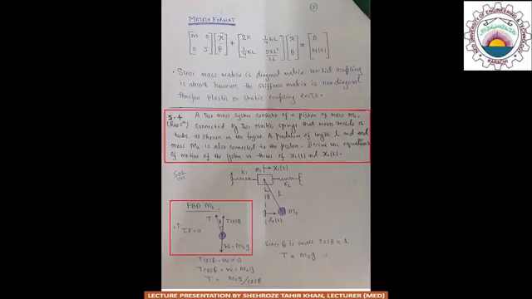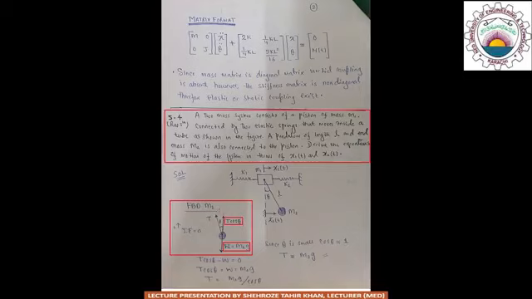After drawing its free body diagram, we see that there are two forces acting on this end mass m2. First is the weight of the mass, acting in the downward direction, equal to m2g. The other is the tension in the string, which balances the mass m2.